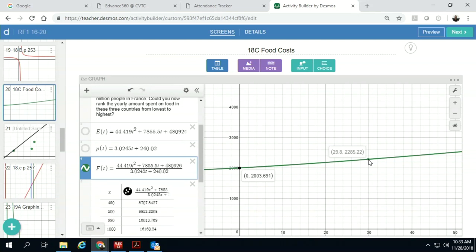So at 30 years, we're at $2,287. How about in 2025? That'll be 7 more years, right? Year 37. In 2025, it will be $2,365.24, right?